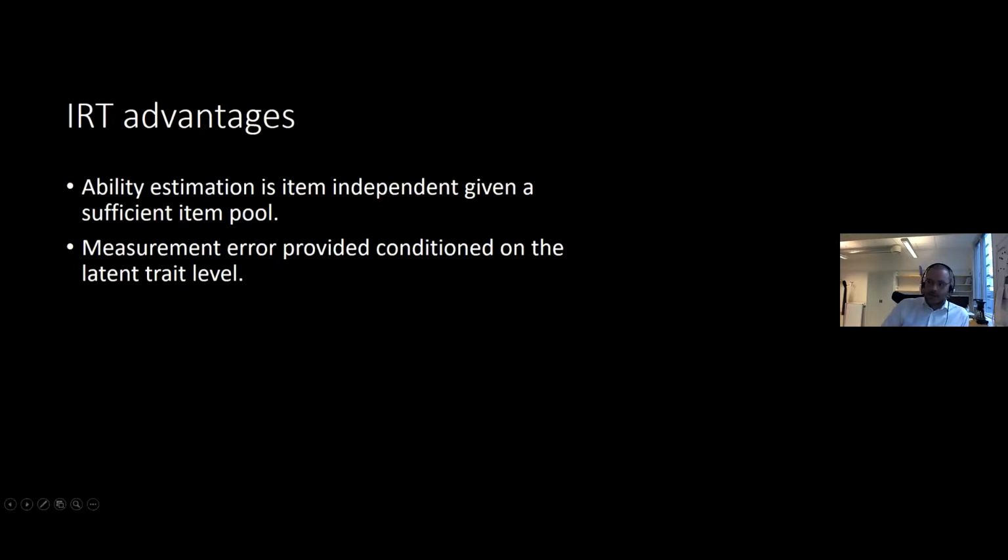If it's too heterogeneous, the ability estimate would have very little meaning because it would then be dependent on which items are being used, in the sense of which part of this underlying thing, this construct, is being tapped into.